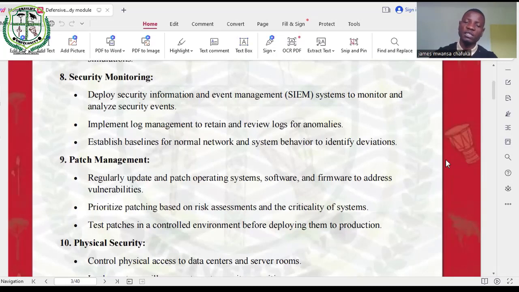Establish a baseline for normal network and system behavior to identify deviations. So in order to identify deviation, there should be a policy put in place, a baseline, in order to ensure security monitoring.